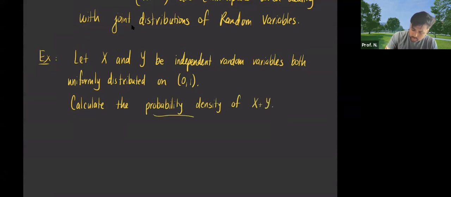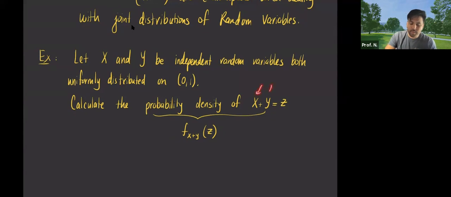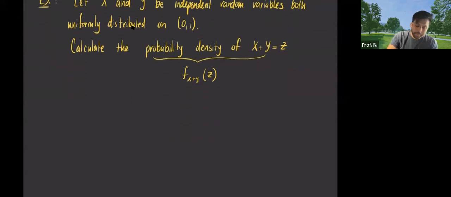So I want to find the probability density, which is really f of x plus y. Again, for this sum, let's use z for now. I can treat this as a random variable in itself. It's a sum of two random variables, but now I can treat that as a single one.